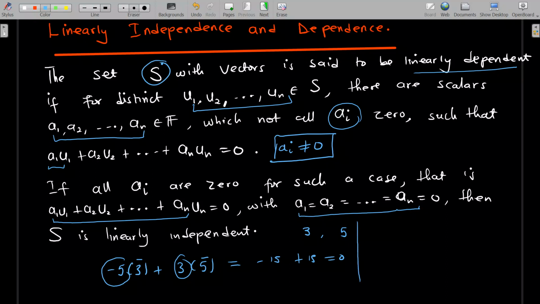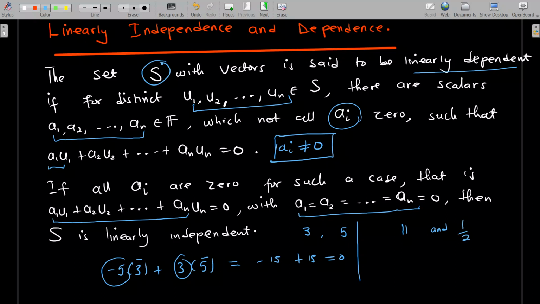So that is what linear dependence means. On the other hand, let's say I have two other numbers, 11 and maybe one half.